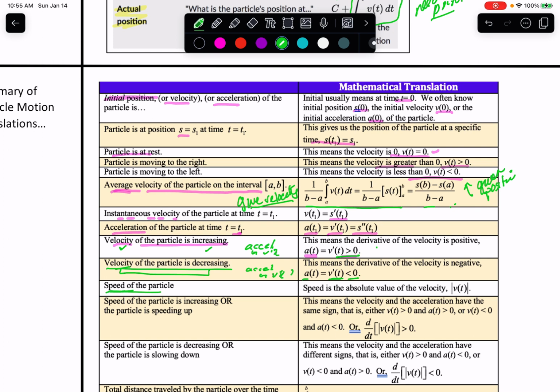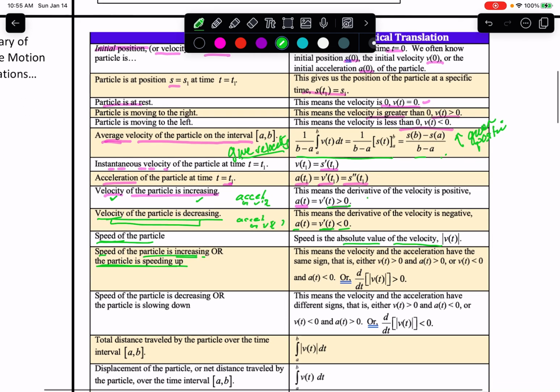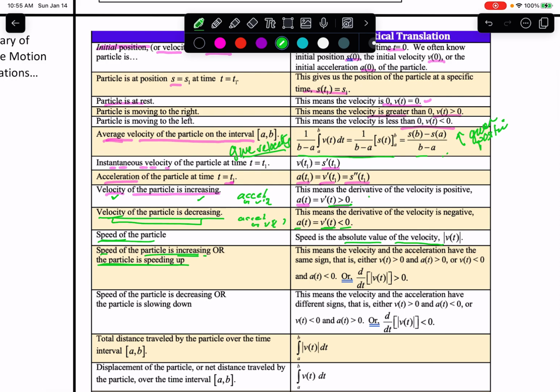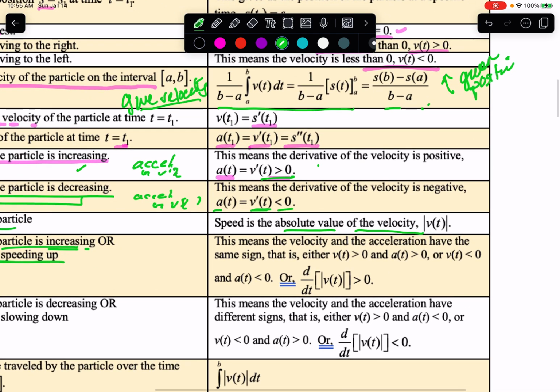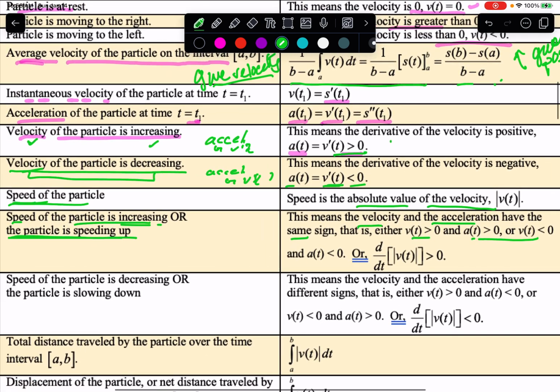Now, the speed of the particle is the absolute value of the velocity. You've already learned that. The speed is increasing, or the particle is speeding up. Now, this is the one where you have this little rule: if the velocity and the acceleration have the same sign, they're either both greater than 0 or both less than 0, then you have it speeding up.